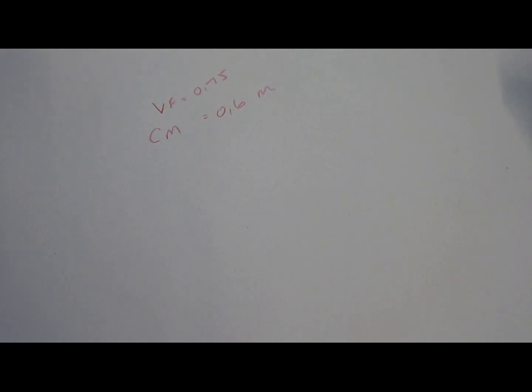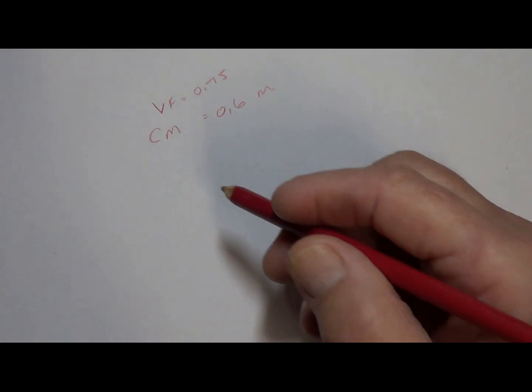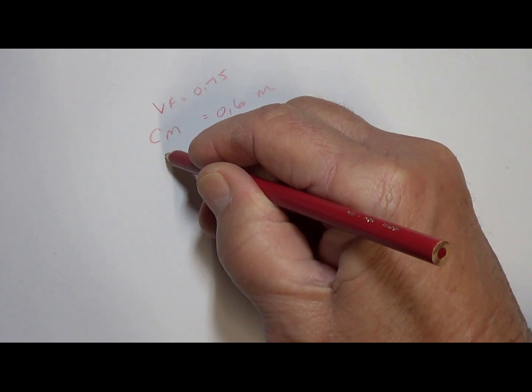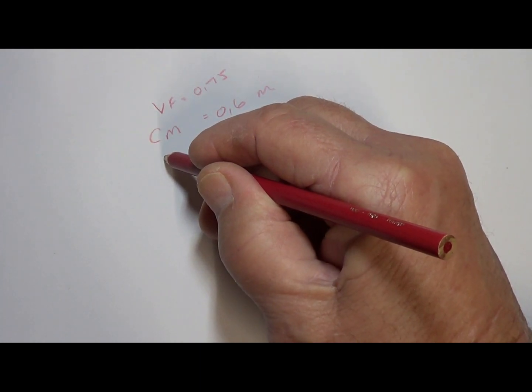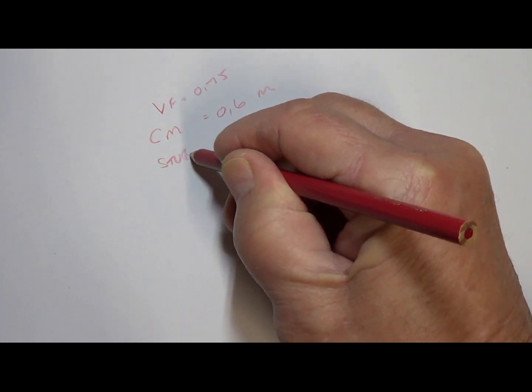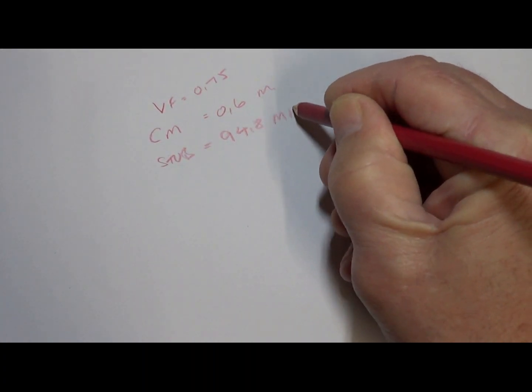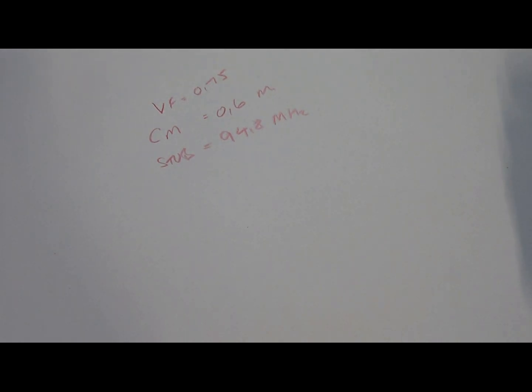So we have that fact at our disposal. Now, if we go along and say, well, what does it measure? We also know that we have a stub, or a zero impedance, at 94.8 megahertz. Okay, so these are the facts that we have.